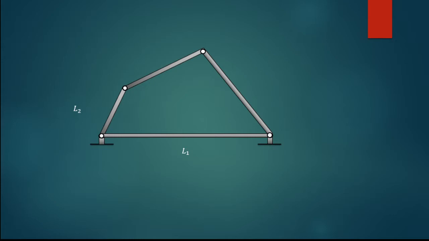The coupler and the follower are either L prime or L double prime, the two remaining links.